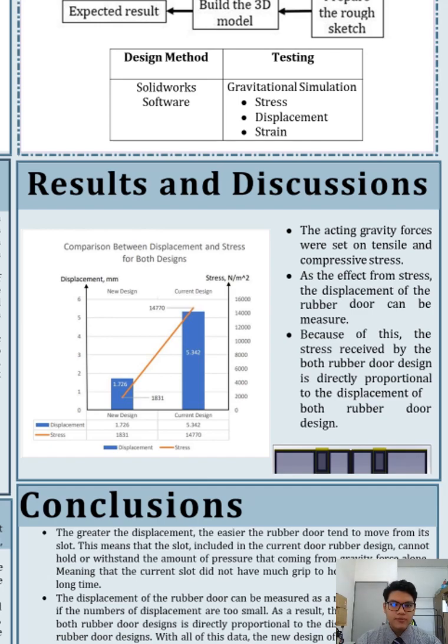The stress received affects the deformation displacement, which is 5.342 millimeter for the current design and 1.726 millimeter for the new design. This is because the acting gravity forces were set on tensile and compressive stress. As the effect of stress, the displacement of the rubber door can be measured because the stress received by both door rubber designs is directly proportional to the displacement.